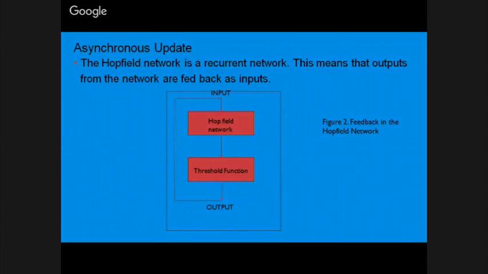The update has to be done in an asynchronous fashion rather than a synchronous fashion, because the Hopfield network is a recurrent network. If you look at the network deeply, you will see that we are giving an input pattern, determining the activation, applying the threshold function, and getting an output, and that output is being fed back to the input.